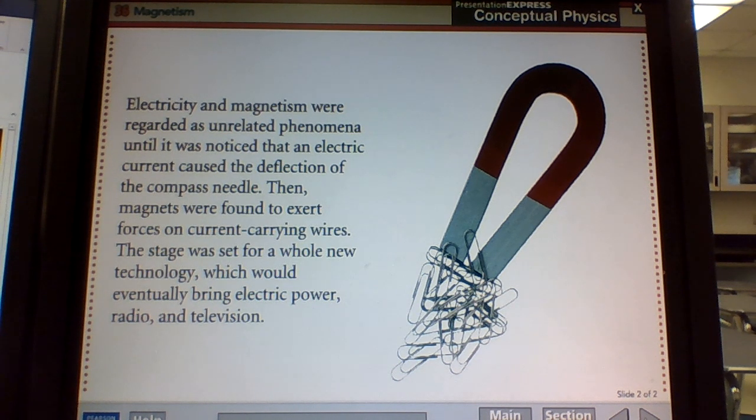Actually, they brought a compass near a current carrying wire, and the magnet started to kind of go crazy. Well, who finally explained it was a guy named Michael Faraday, who was not a great mathematician in terms of what he was able to do with science.